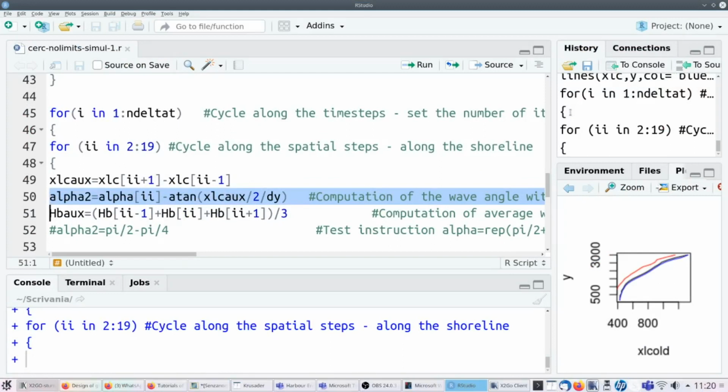Okay, and then this is the computation of alpha 2, which is the angle between, again, wave direction and the coastline.